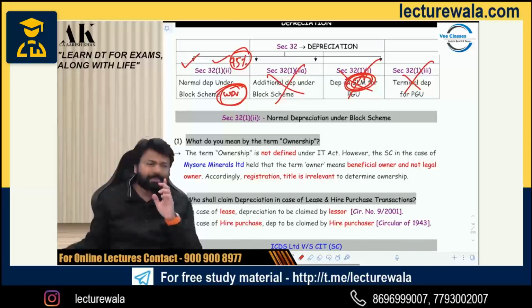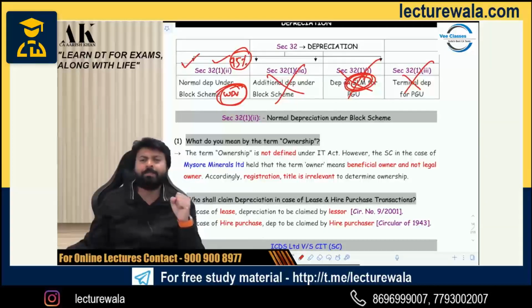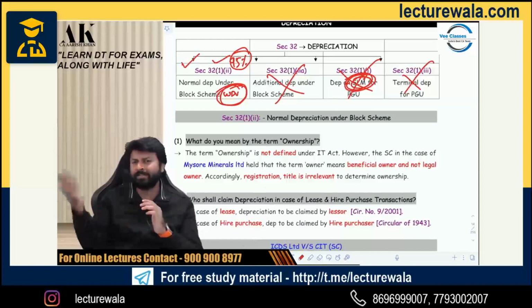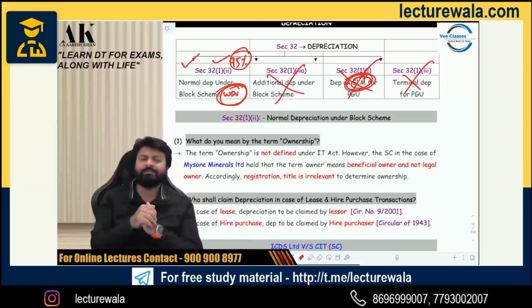So what happened in this case was that the assessee bought a building. After the assessee bought the building, he started using that building for business. He has also made the payment to the seller. He has done everything. But the property was not registered with the registrar of stamp duty authorities.